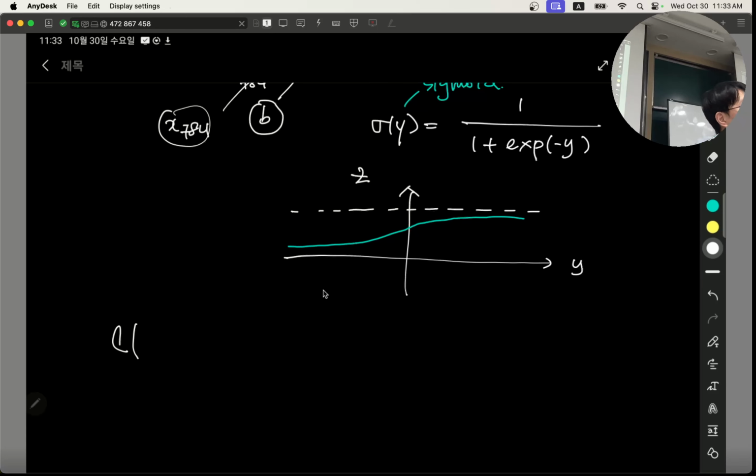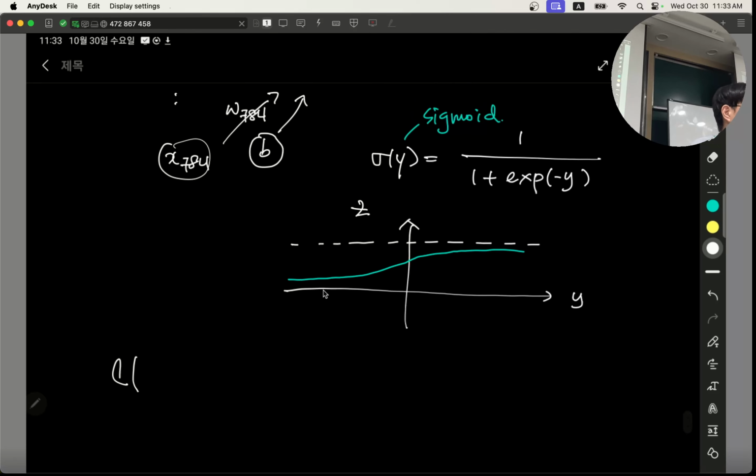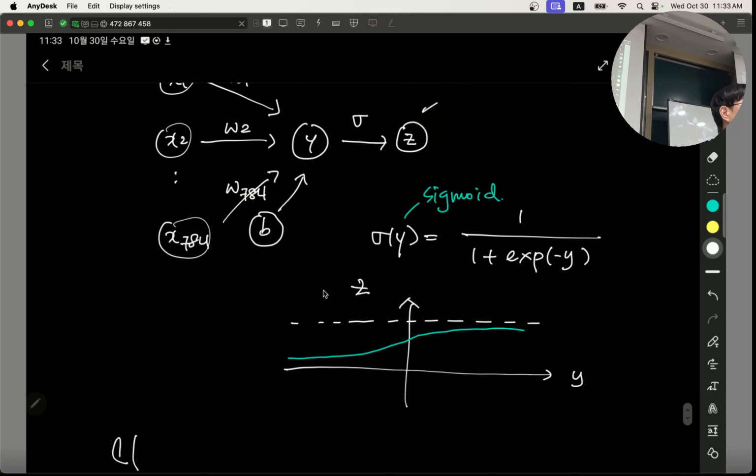When you input your image into the model, you get an output, the Z neuron here. But that image already has a label. All the images come with the answer, the labels.